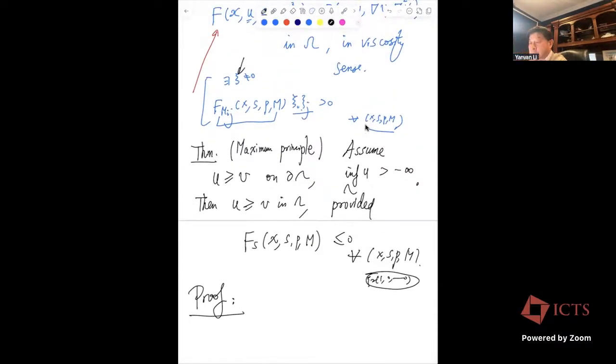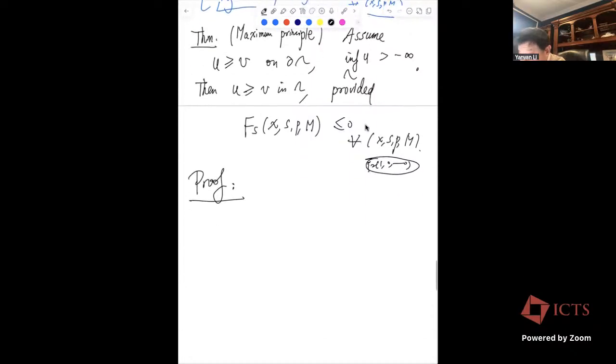So I should say that we may assume that we can look at this new f. We look at f minus f of x, v of x, gradient v of x, Hessian v of x.